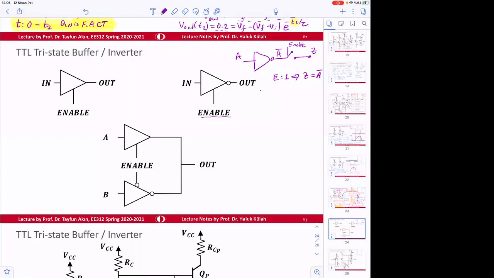So the interesting thing is when enable is 0, then Z is going to be floating, or high impedance. So it is not pulling it down or pulling it up. So voltage is not either 0.2 or 0.5. We don't know what it is.